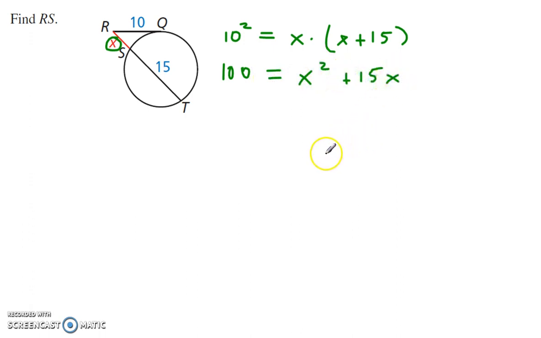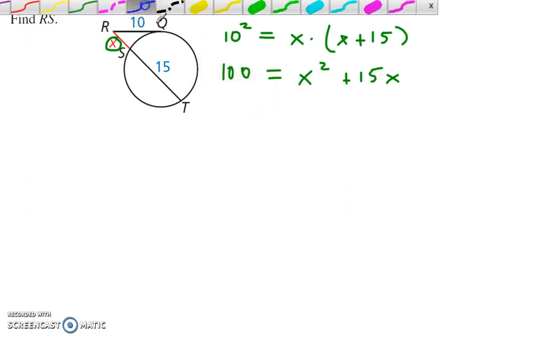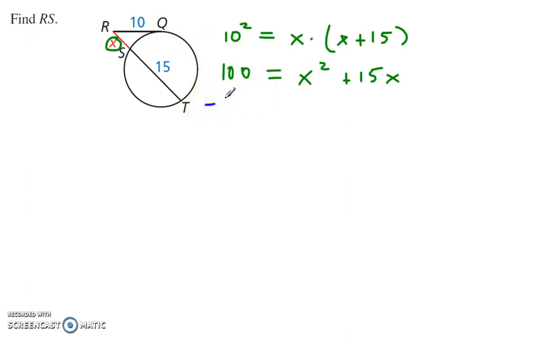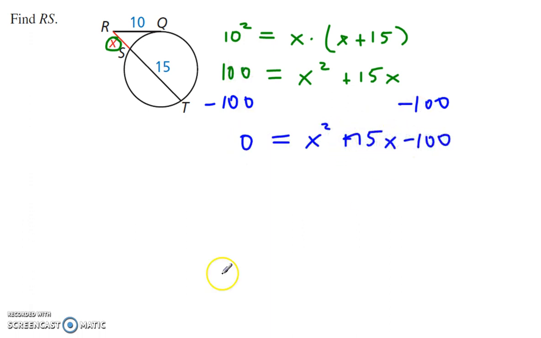Now, how do we solve that for x? I can't cancel out any x over here. Back to your algebra days. We set this equal to 0 by subtracting the 100. We get 0 equals x squared plus 15x minus 100.